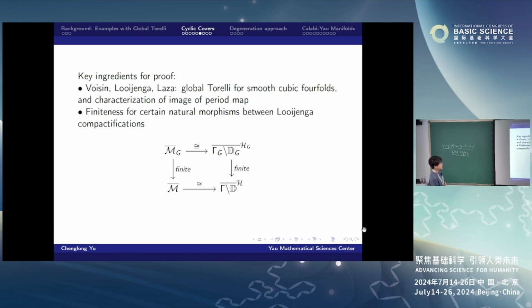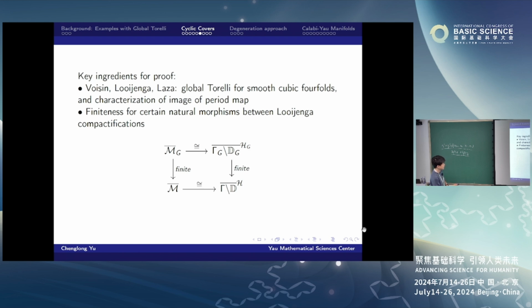And if we consider the moduli of cubic fourfolds with special symmetry, now on the GIT side, actually the reductive group is a little bit smaller.